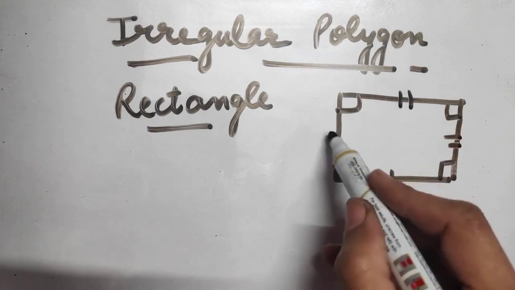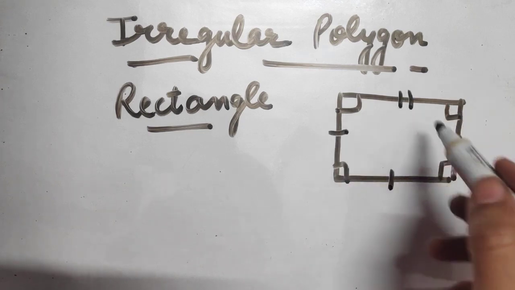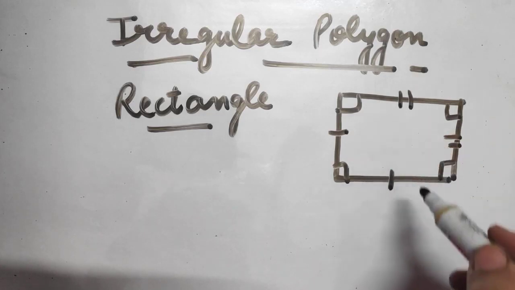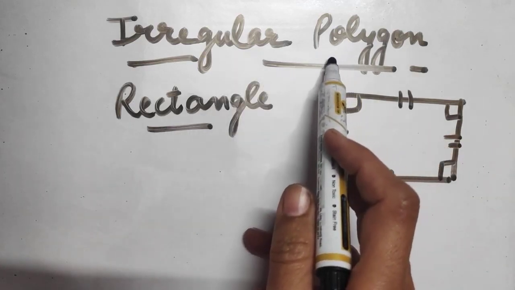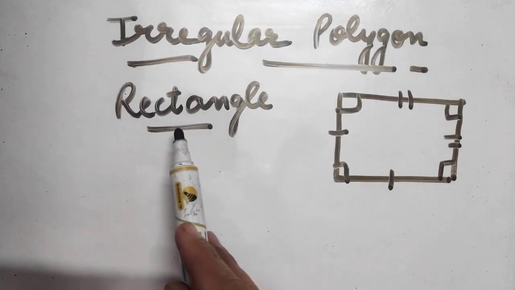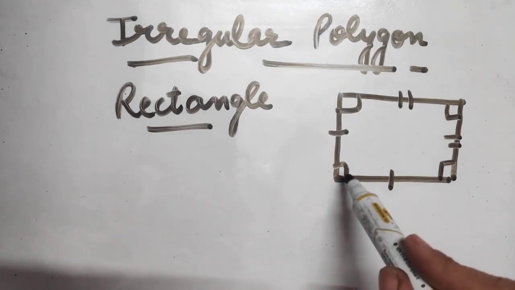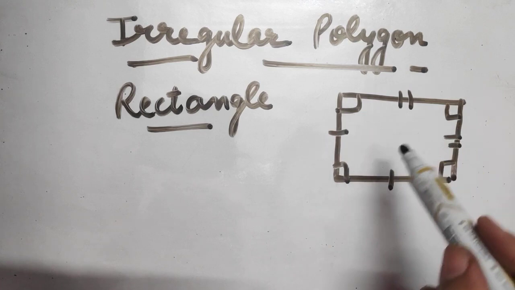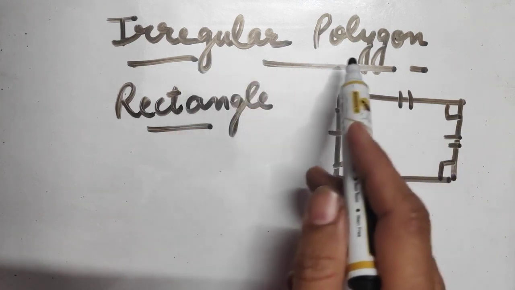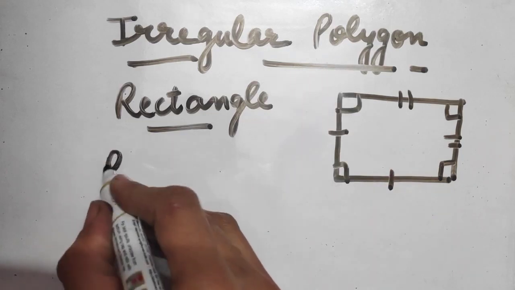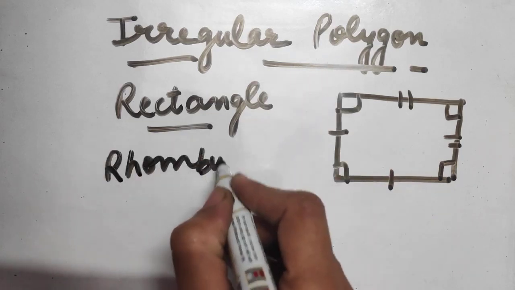Opposite sides are equal, but the adjacent sides are not equal. So a rectangle is an example of irregular polygon. So we can say that a rectangle is equiangular. It means all the angles are equal, but all of its sides are not equal. So it is an irregular polygon. Let us talk about now rhombus.